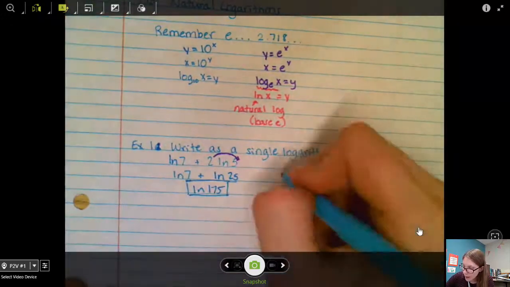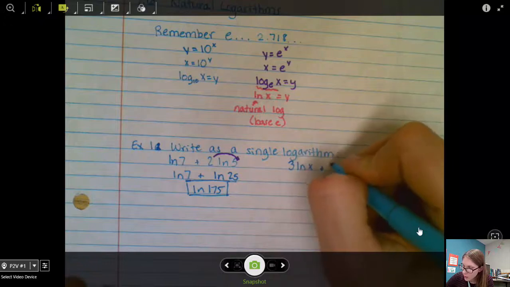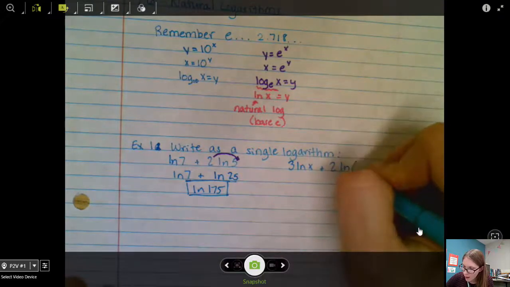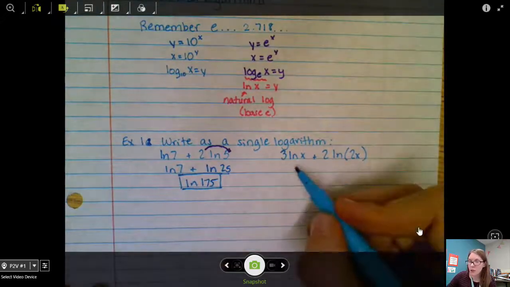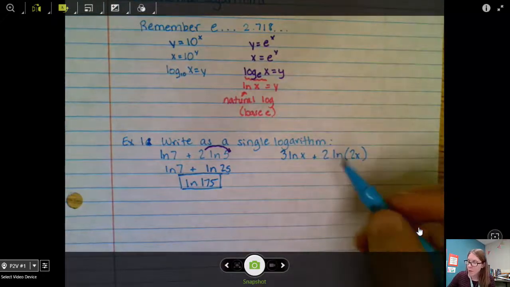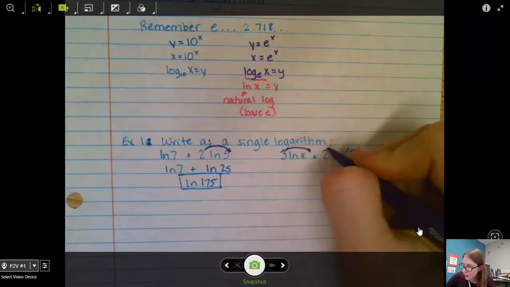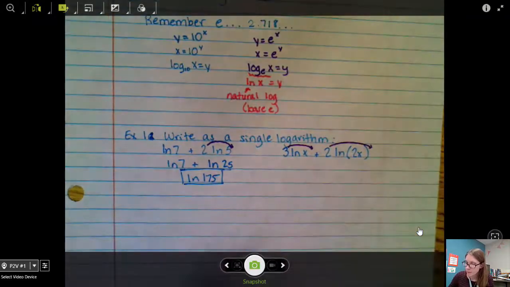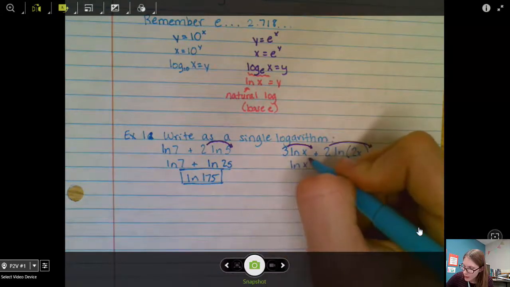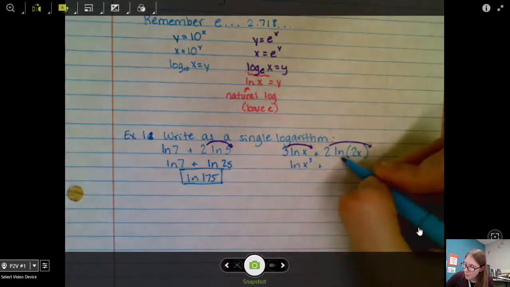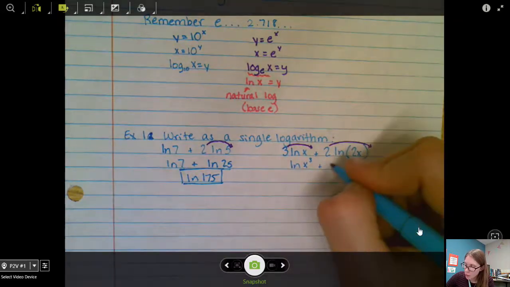One more example quick. If I had 3 times the natural log of x plus 2 times the natural log of 2x, again, I have 2 logs added together, but first we have to get rid of these coefficients, really our exponents here. What we have to be careful with, right here I get the natural log of x cubed, but on this side 2x all gets squared.